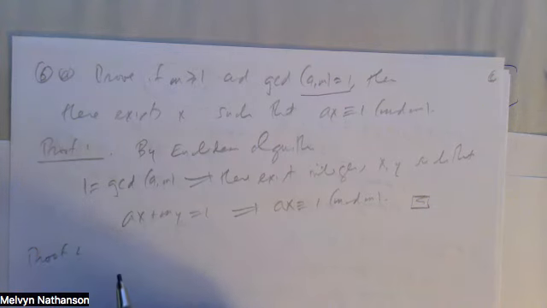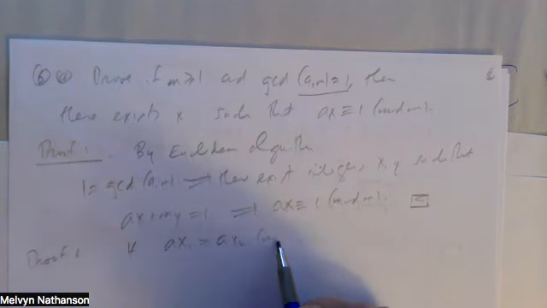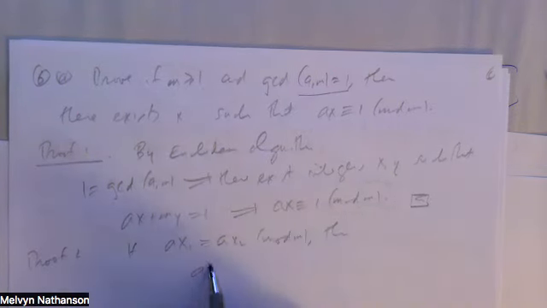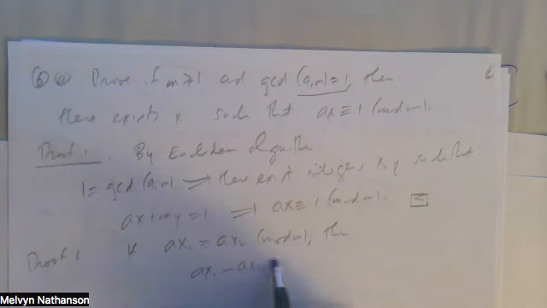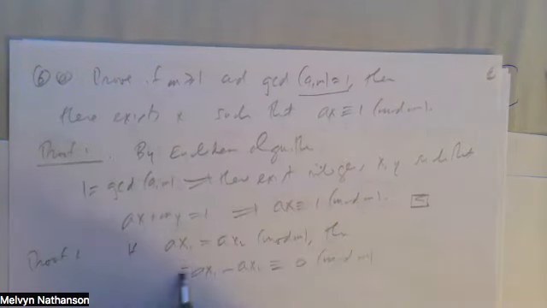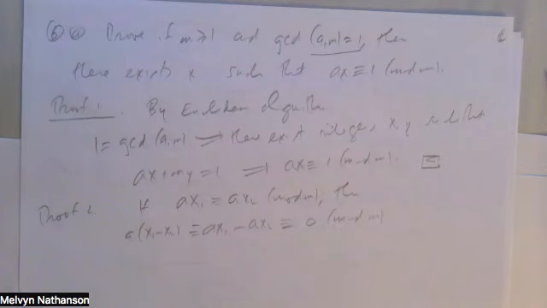Proof number 2, we would say as follows. If we have integers x1 and x2, if ax1 is congruent to ax2 mod m, then the difference ax1 minus ax2 is 0 mod m, which is, factor out the a, a times x1 minus x2 is 0 mod m.